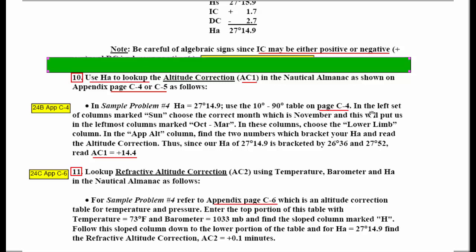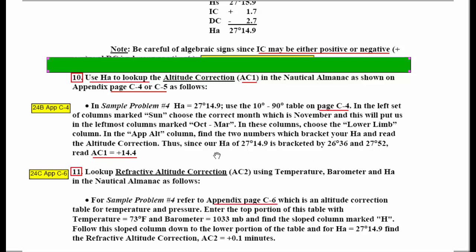In the left-hand set of columns marked sun, choose the correct month, which is November, and this will put us in the leftmost column marked October to March. In these columns, choose the lower limb column. In the apparent altitude column, find the two numbers which bracket your HA, the 27 degrees 14.9, and read the altitude correction.